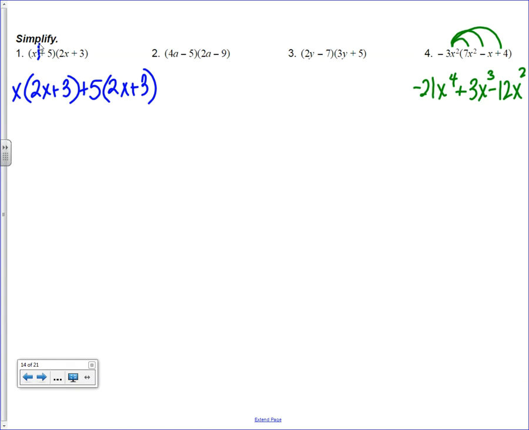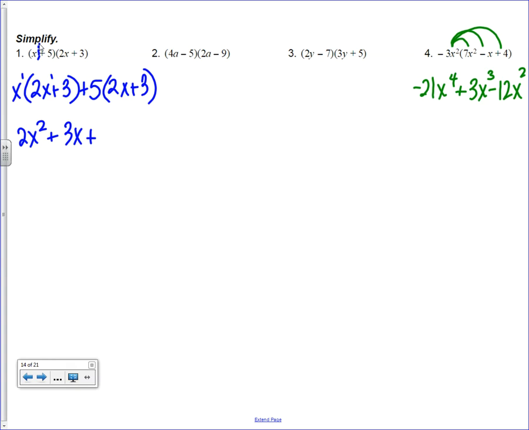Yep. Okay, so Sarah, what is x times 2x? There's a 1 here and a 1 here, so that's going to make 2x to the second power. Good. How about here? 3. Yep. How about here?